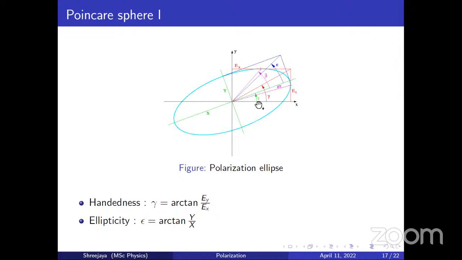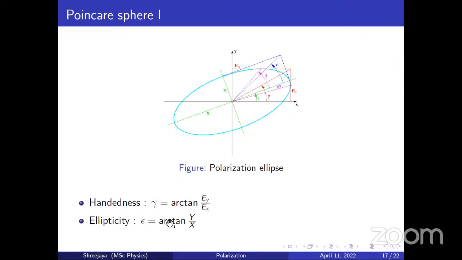So this tilt we have already talked about. It is tau, the angle that the ellipse makes with the x-axis. Then what we have is handedness, gamma.